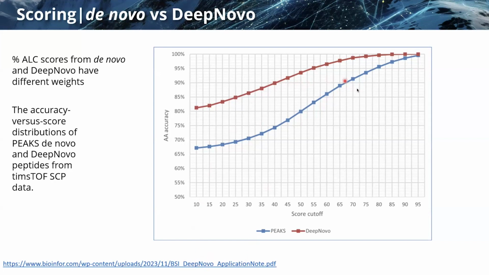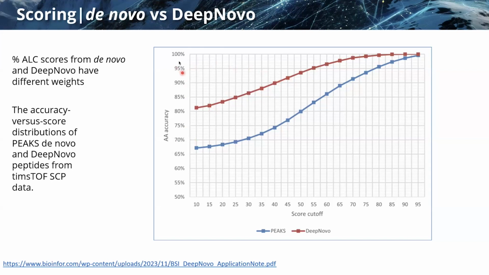But essentially, we compared our traditional de novo sequencing algorithm, which we just call Peaks here, to the DeepNovo deep learning based algorithm based off of the amino acid accuracies. So these amino acid accuracies are determined through a confident database search matching first. But essentially, if you look at these distributions, you can see they're different.